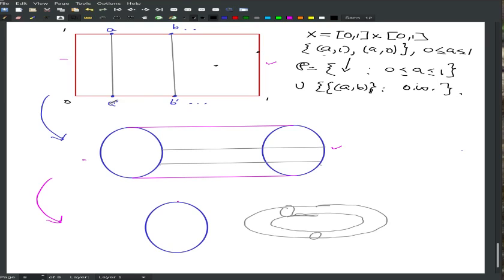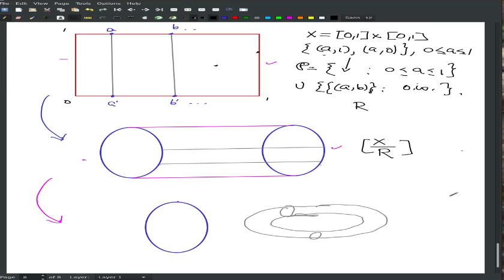When you do it, this gives another picture. If this was your X and this was your partition, the corresponding equivalence relation is R. This is your factor set, which is now a cylinder. Then you have another way to describe this partition on this cylinder, and that gives you a further gluing, which gives you this torus.